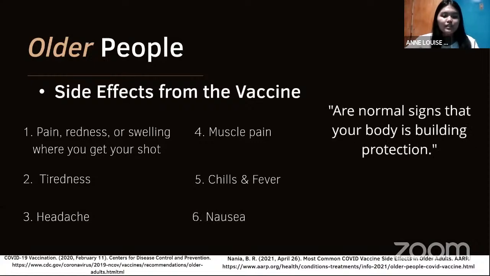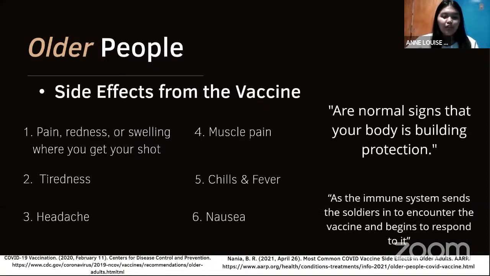According to the CDC, irritating and uncomfortable as they may be, these short-lived side effects are normal signs that your body is building protection. The effects stated above are a result of an inflammatory response that happens as the immune system sends the soldiers to encounter the vaccine and begin to respond to it. The systemic reactions are your immune system starting to rev up, or becoming more active.